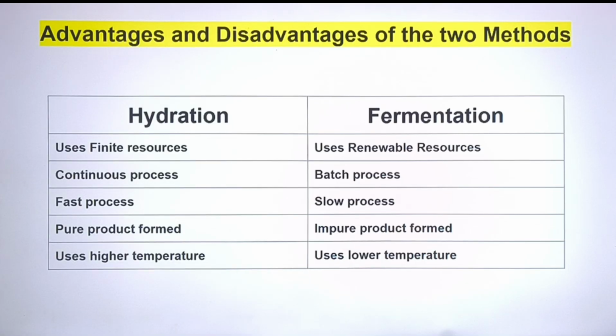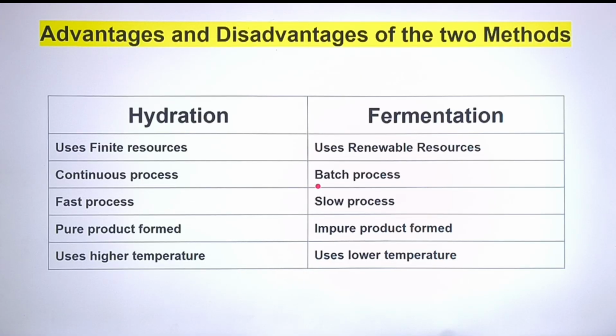We need to know the differences between hydration and fermentation for 2 marks at exam. Hydration is using finite resources like alkene, whereas fermentation uses renewable resources like carbohydrates, yeast. Hydration is a continuous and a fast process, hence it's used in industries. Fermentation happens in batches.